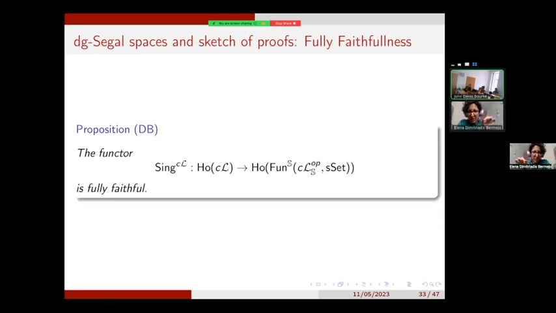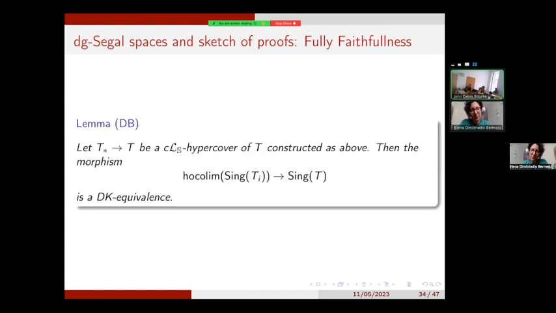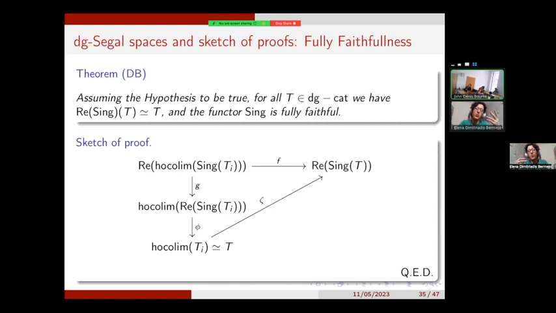Okay, so we just need one more lemma before we can do the proof of the fully faithfulness. So we say if we have a hypercover constructed like this, then the homotopy colimit of the image of the hypercover is DK equivalent to the image of the original object.